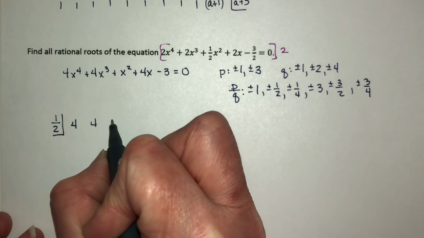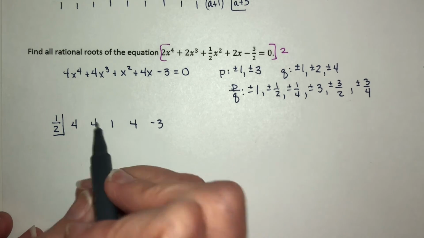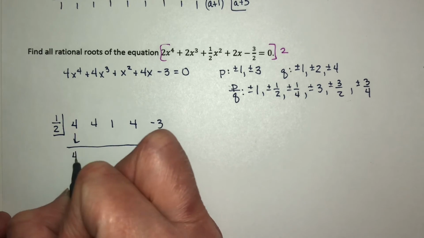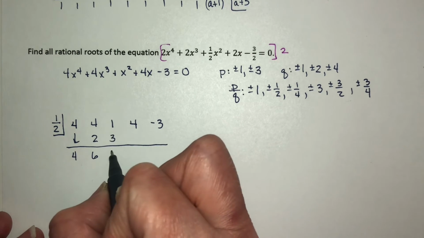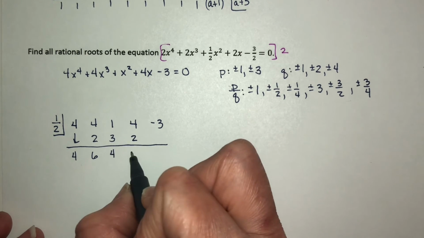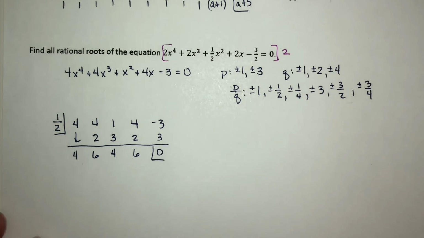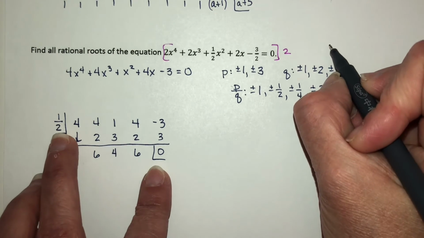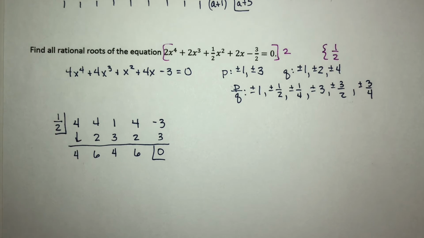No zeros required. Okay, now I'll bring down the 4. 6, 3, 4, 2, 6, 3, and that's a 0. So one of my solutions is 1/2. I probably have more. Don't know.